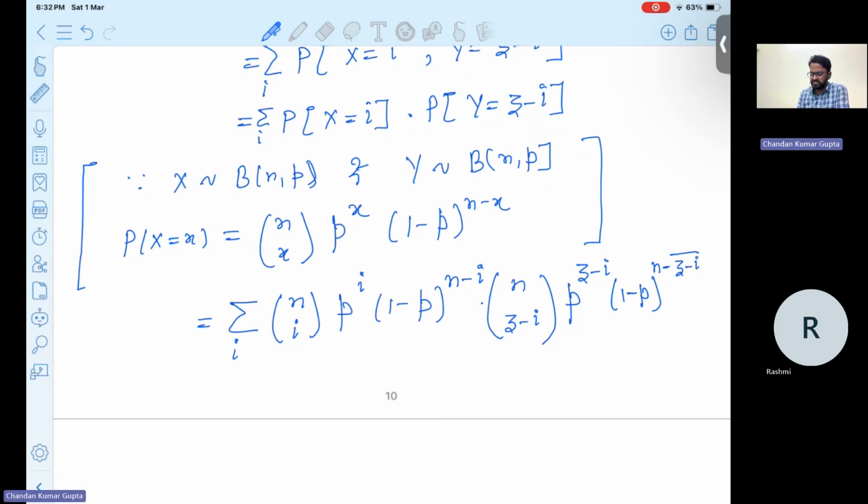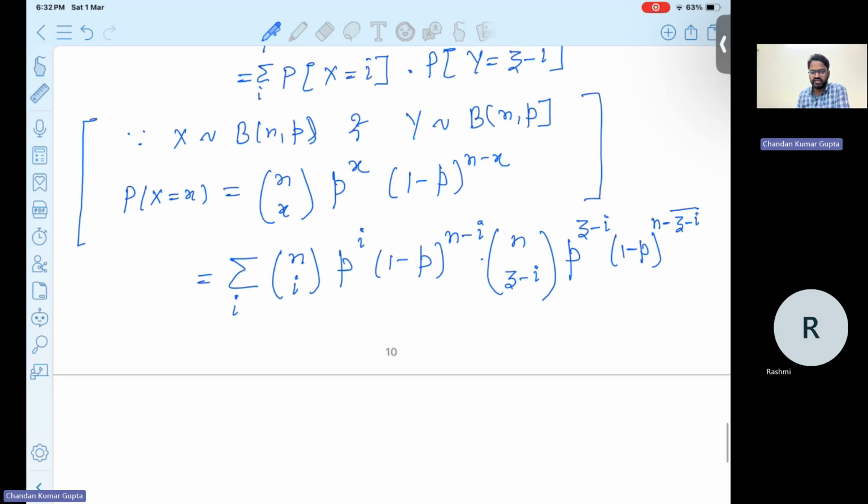When you see, there are many properties like nCI equals nC n minus I. And p to the power I and p to the power z minus I come together. After simplifying, p to the power z comes there.